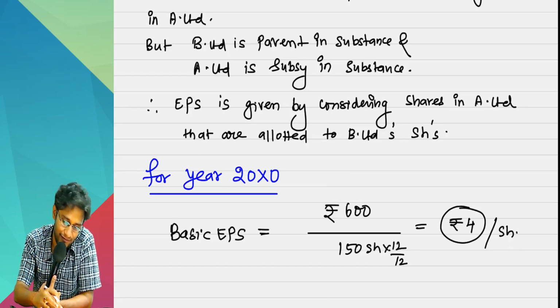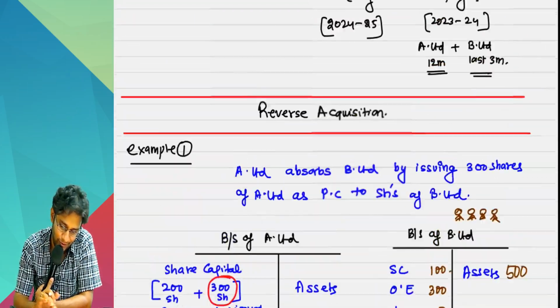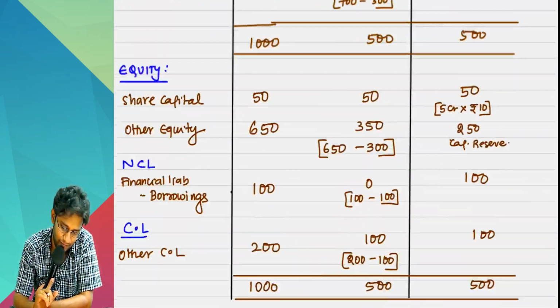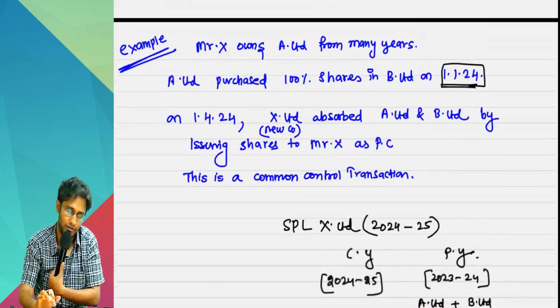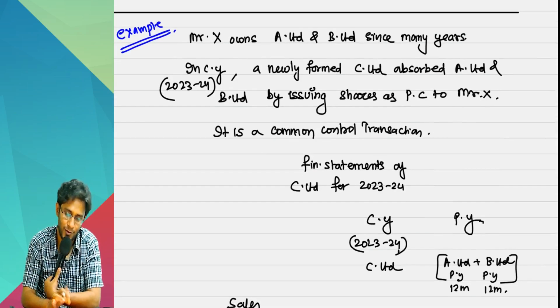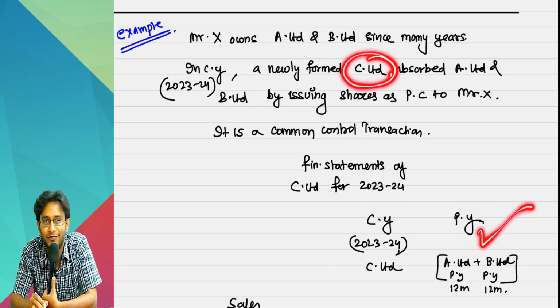It is something similar to, look at this. Suppose C Limited is formed in the current year. Comparative: did you club A plus B of last year and give comparative or not in C Limited's financial statements?